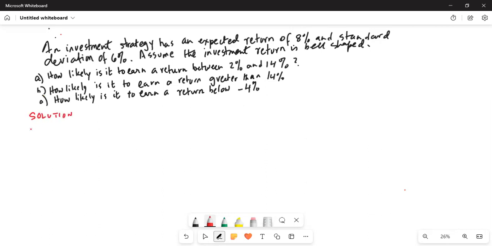We have been told the investment return is bell-shaped in nature. That means this is the probability distribution of investment returns, and it is bell-shaped.